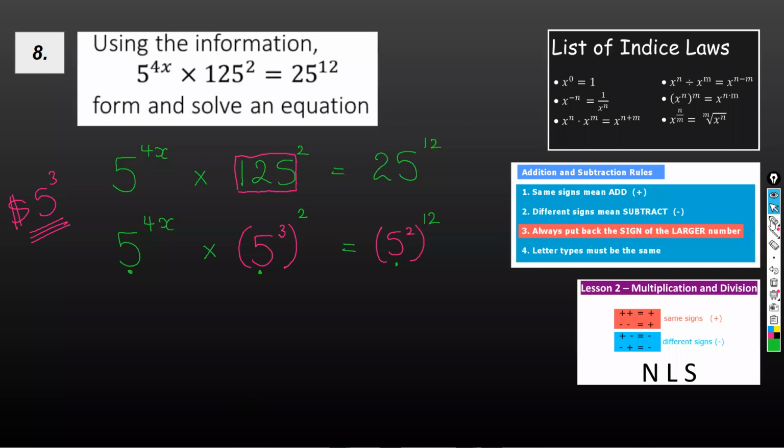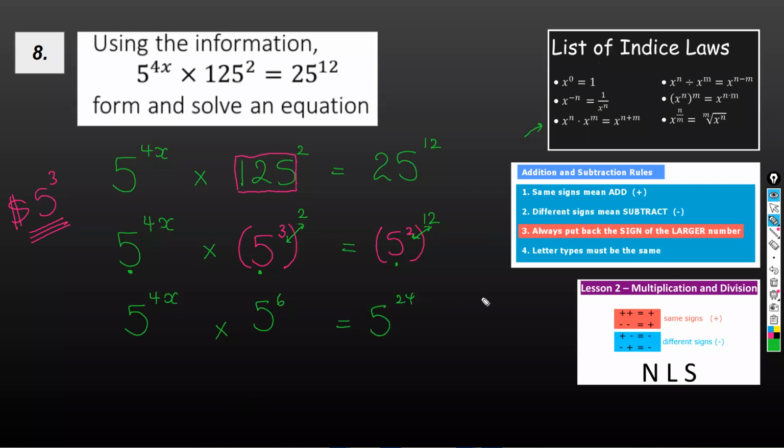So according to this rule now, if there's a multiply, we should simplify it a little bit more. When powers are separated by brackets, like in these 2 cases here, we can do what with them? Multiply them. So 3 by 2 is what? 6. And 2 by 12 is what? 24.